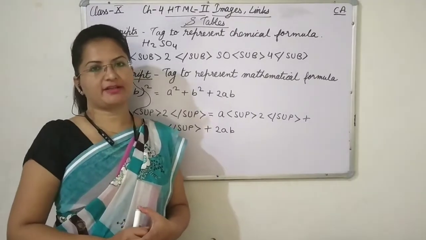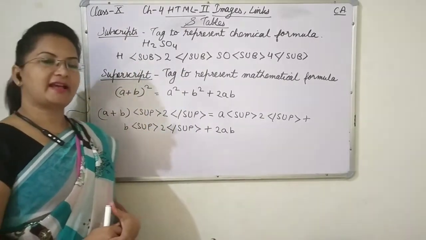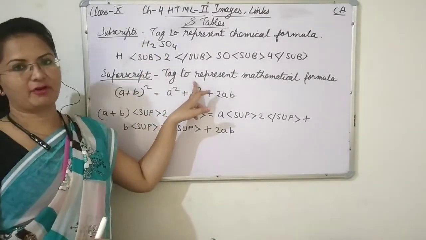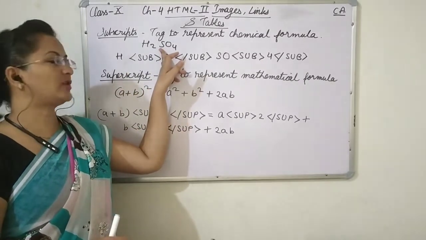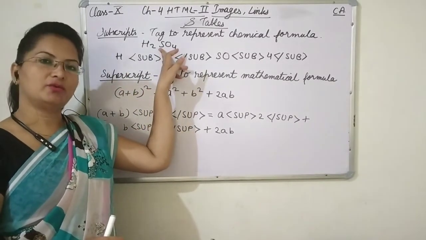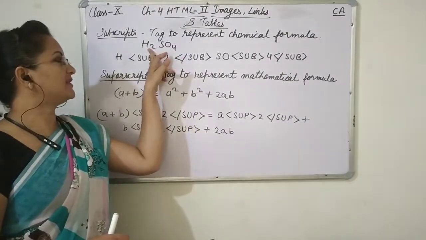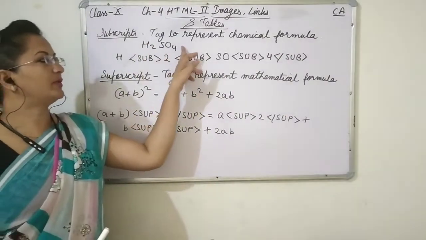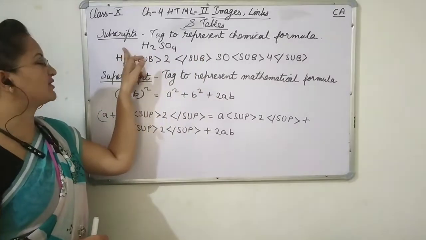Now students, we will study subscript and superscript. These tags are used to represent chemical formulas and mathematical formulas. Subscript, if you want chemical formulas like H2SO4, H2O, O2, O3, etc. You might have seen these numbers are slightly below the baseline. So when we have to show the number slightly below the baseline, at that time we will use subscript.